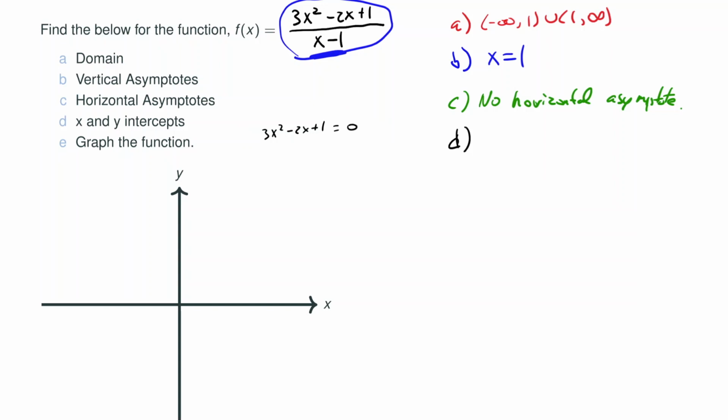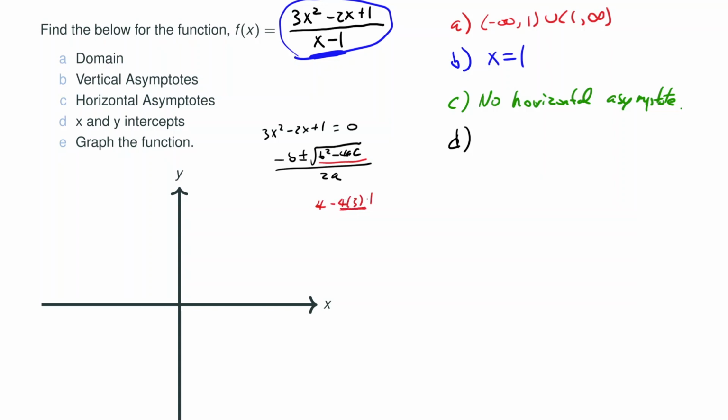Okay. So this one is not factorable, so we have to use the quadratic formula, which is minus b plus or minus the square root of b squared minus 4ac, over 2a. So here, b squared, which is negative 2 squared, is positive 4, minus 4 times 3 times c, which is 1.